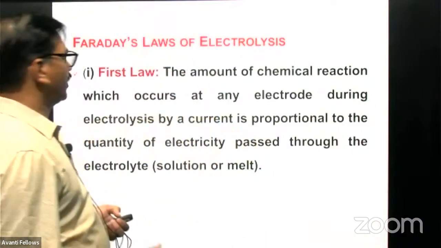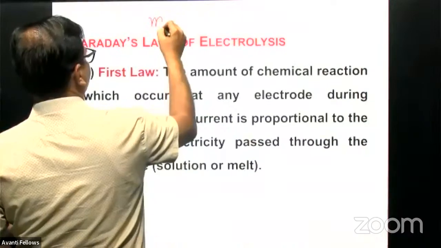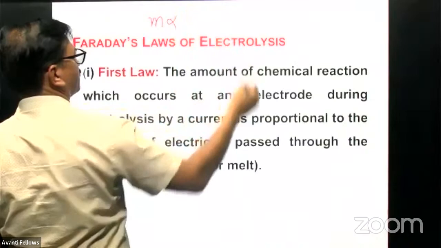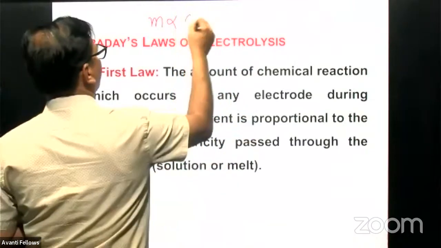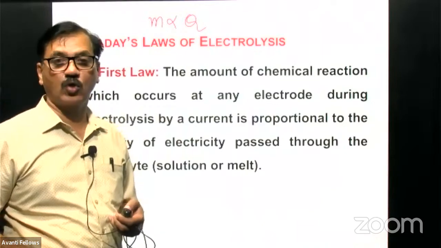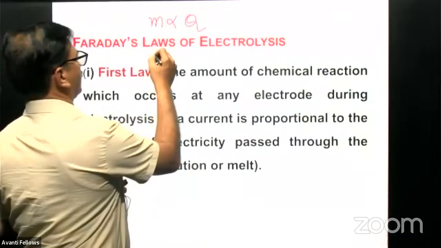Now, mathematically, this is written in this way. The mass of the substance deposited is directly proportional to the quantity of charge passing through it. M is directly proportional to Q. How do you measure the quantity of charge?